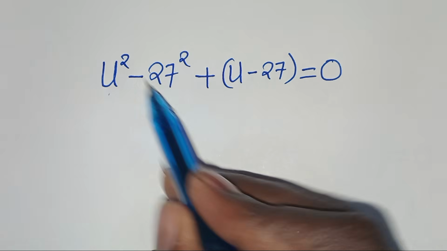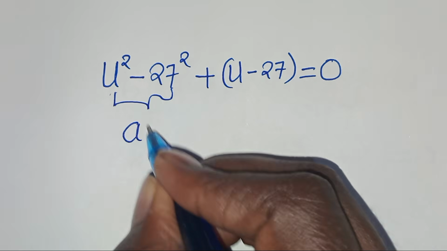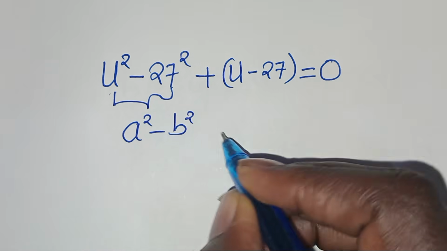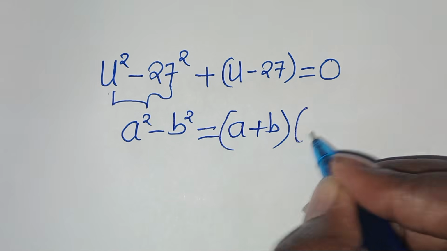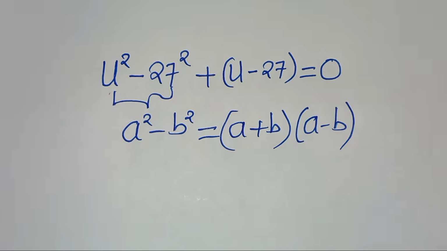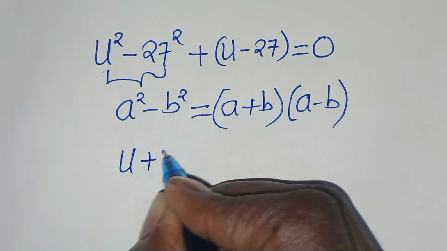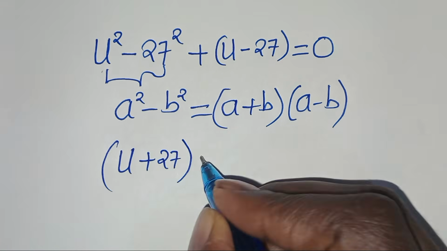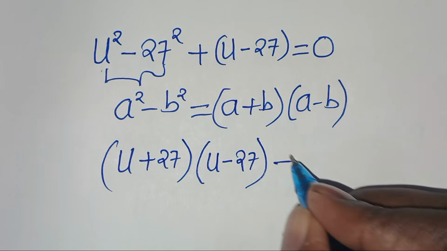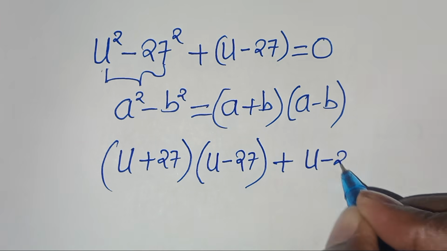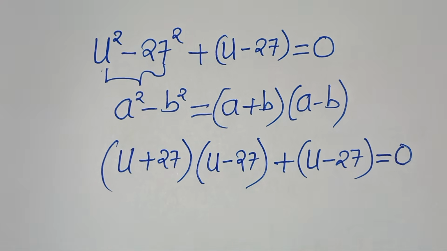Now we have u squared minus 27 squared. This is in the form of a squared minus b squared, which we can express as a plus b multiplied by a minus b. Applying this property, we have u plus 27 multiplied by u minus 27, then plus u minus 27, equal to 0.